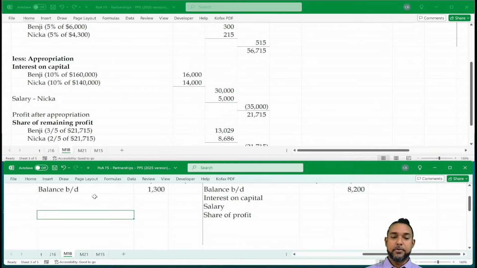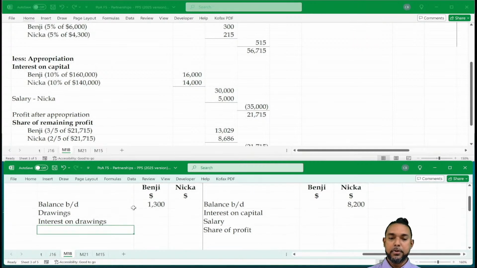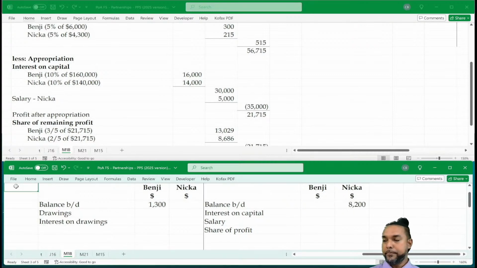And of course, on this side now, you're going to have the drawings and the interest on drawings. So what you do is you put each partner's information under their column. I'll give you a few minutes. Let me see what you come up with.